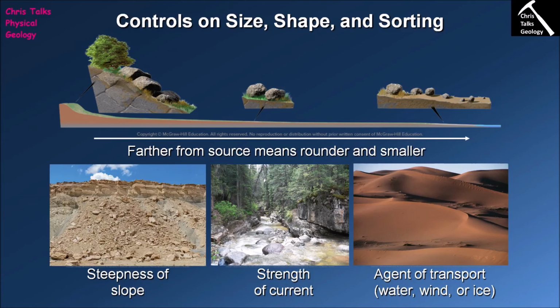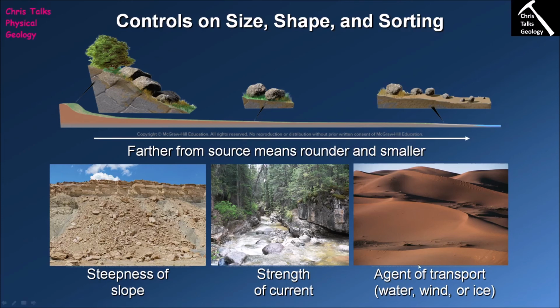And so the more times they bang into each other, the faster they will round. So in these very fast flowing waters, they'll bang into each other very often, and so they will round off quite quickly. And of course, the strength of the current is a direct reflection of the gradient. The steeper the slope, the faster the medium will move, and therefore the more energetic the flow will be.